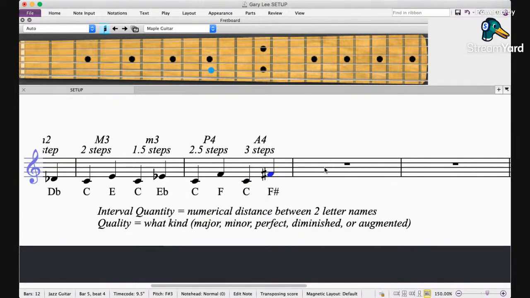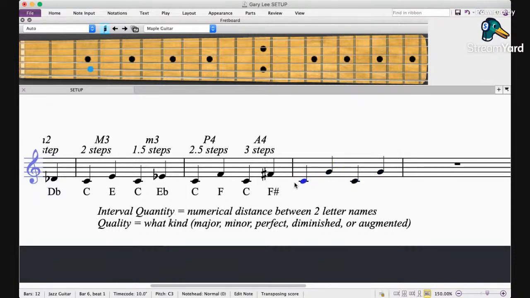All right, let's go on to fifth. So the distance between C and G is a fifth. And we'll also go over what a diminished interval is here.